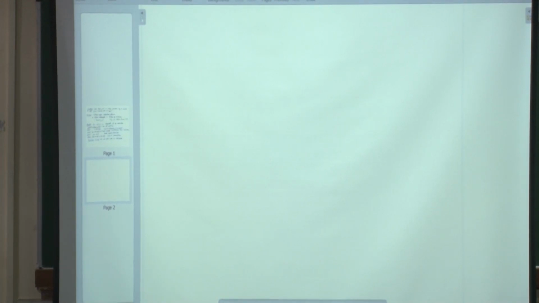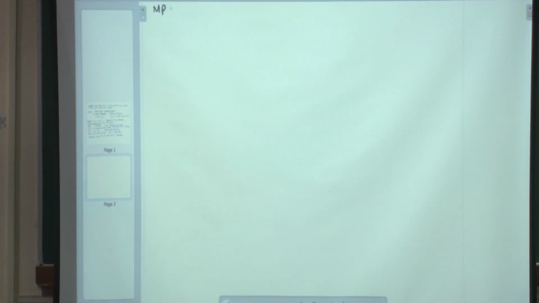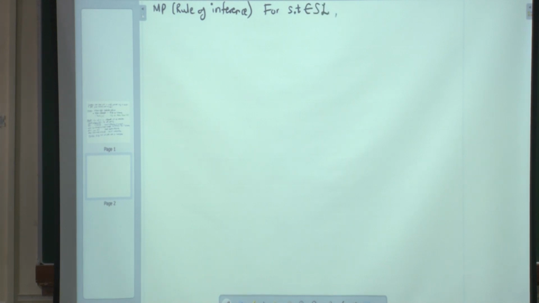So, just before we proceed, modus ponens. Yeah, so this is a rule of inference. So for S and T in SL, here I am going to be a bit sloppy.